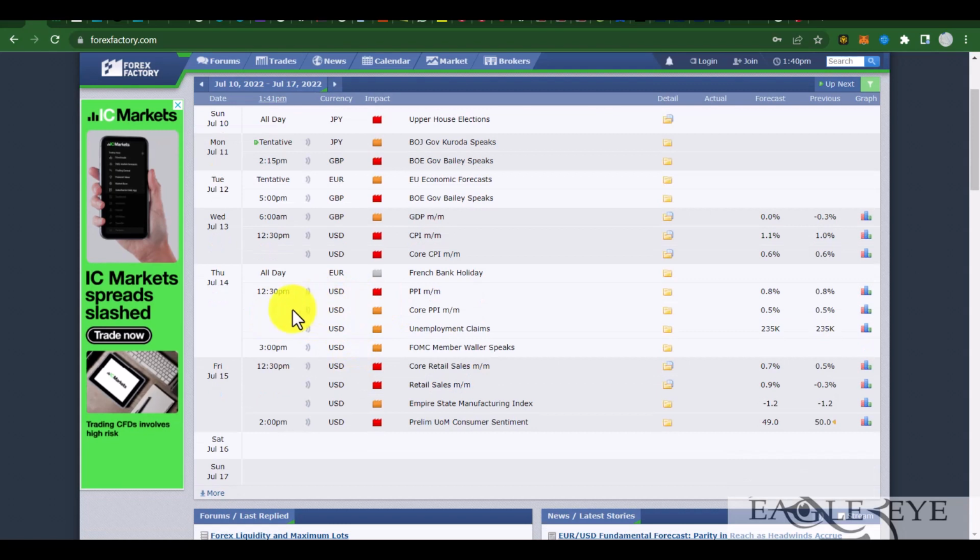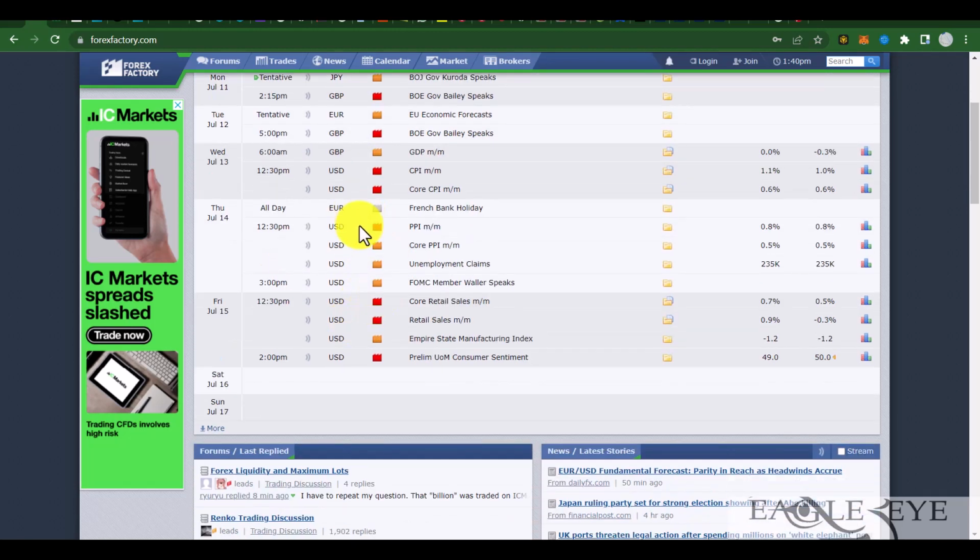So far as there is news going for the USD, we have to be aware of the other foreign currencies, which might cause some high volatility in the market.